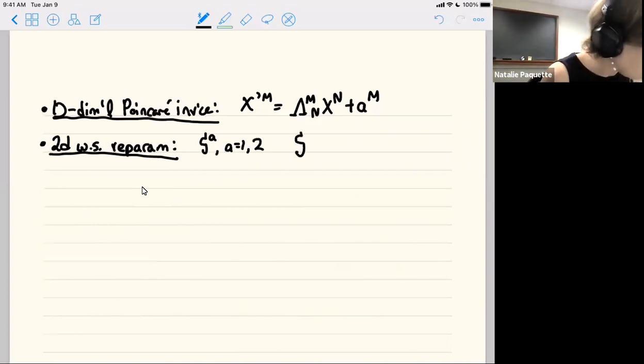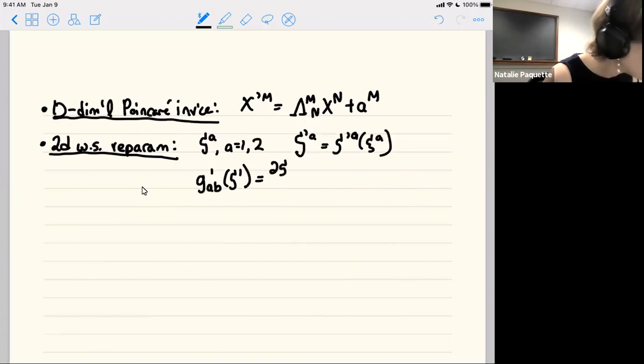So I have some reparameterization, zeta prime, which is a function of the original zetas. The embedding scalars are invariant, but G, the auxiliary metric, transforms as a 2-index tensor. I'll write it down, but you all know how a 2-index tensor transforms, again exactly in the way you expect.